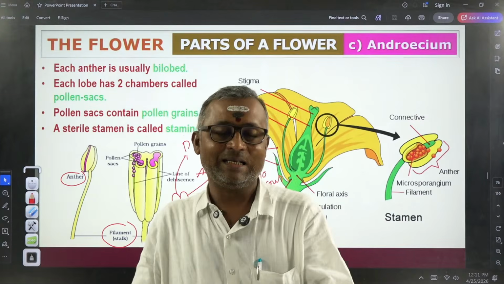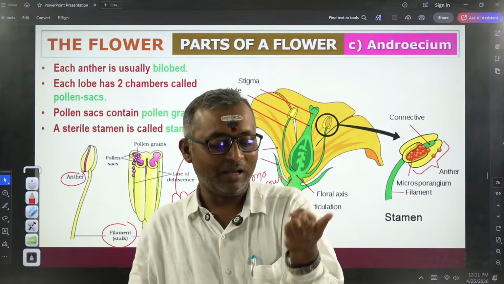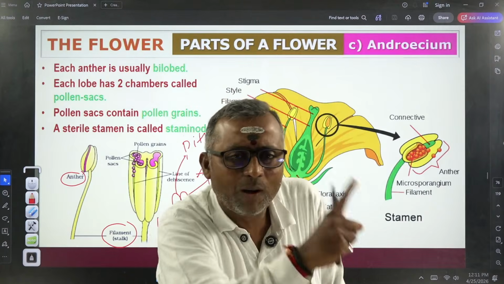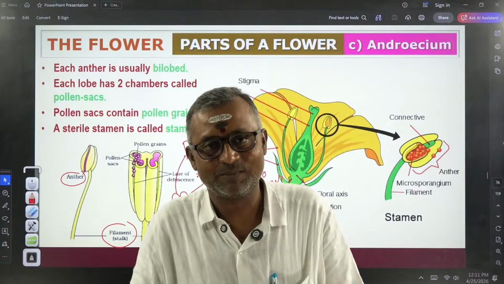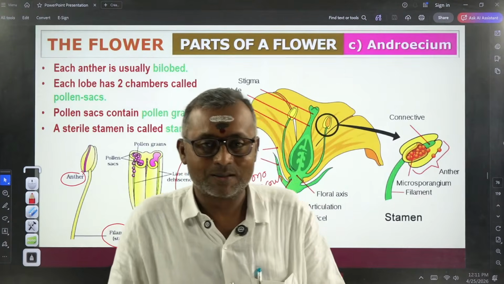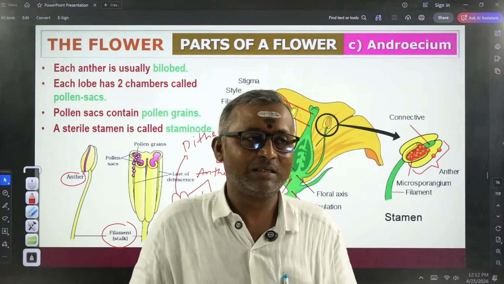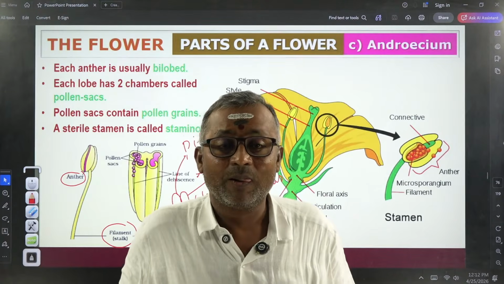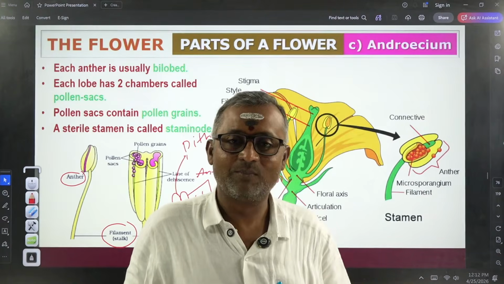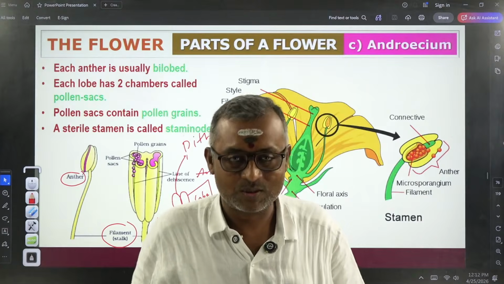So dithecous means, if an anther has two lobes, it is called dithecous. If an anther has only one lobe, it is called monothecous. Very simple. For example, you may ask me a question: what is the example for a dicot with a monothecous anther? Yes, we have it. So many examples. China rose.